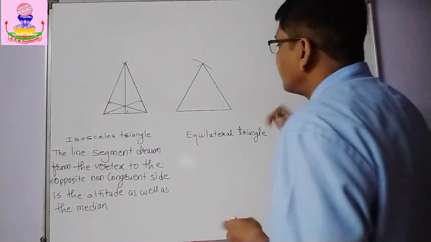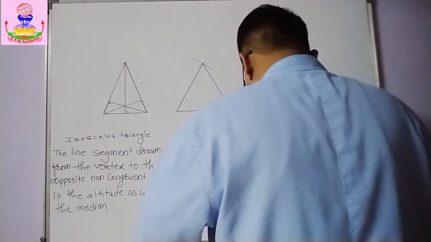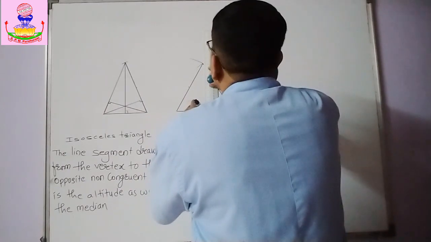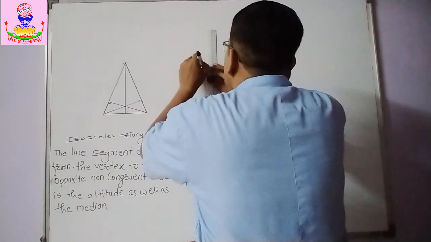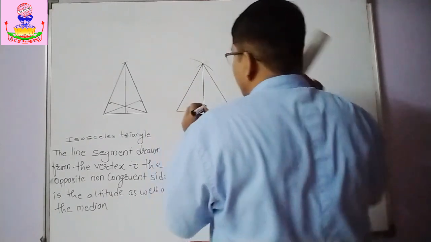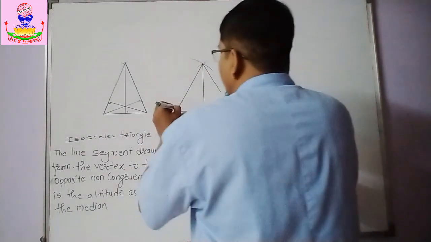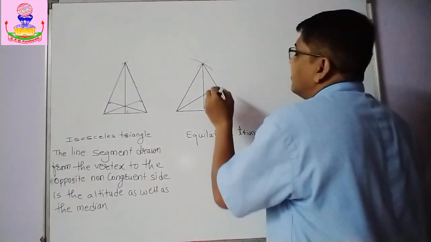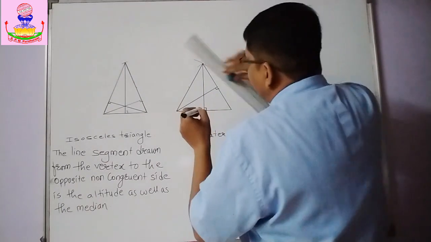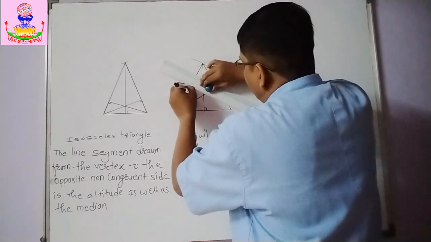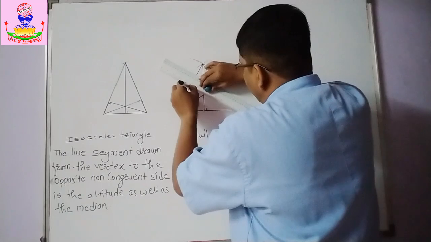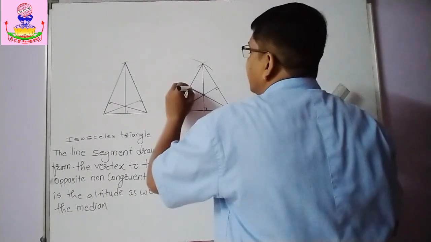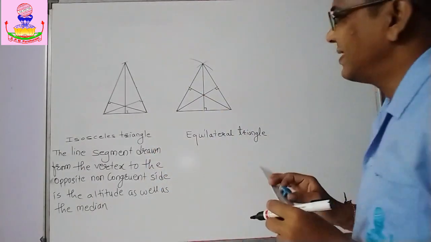Now for equilateral triangle, okay, this is my first altitude, this is my second altitude, and this is my third altitude.